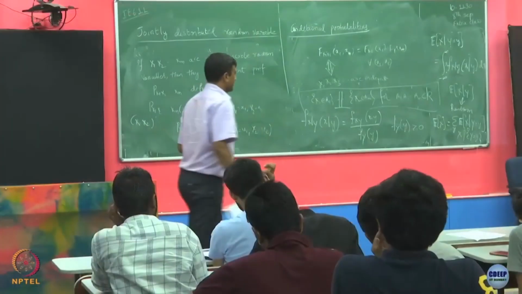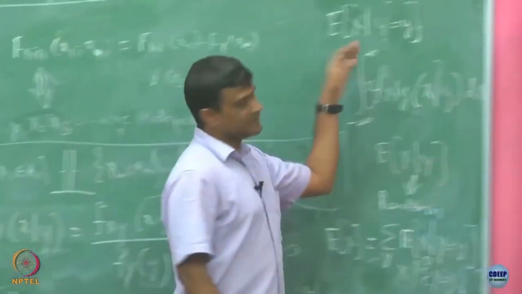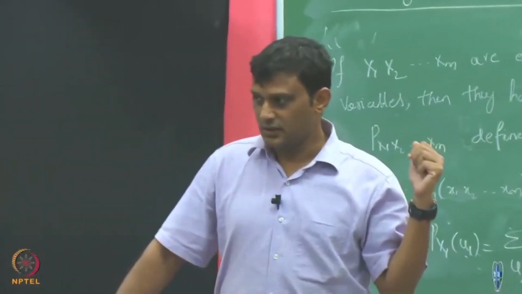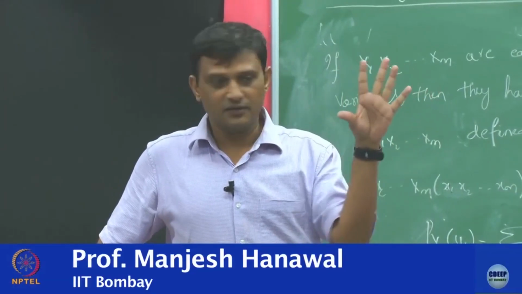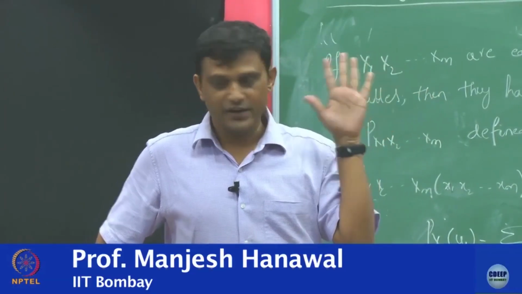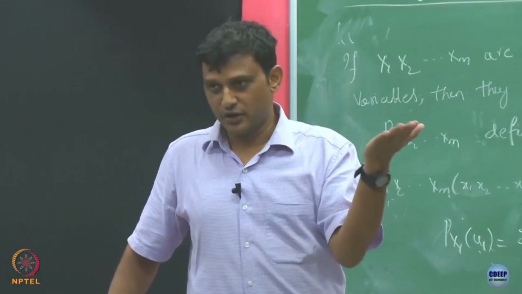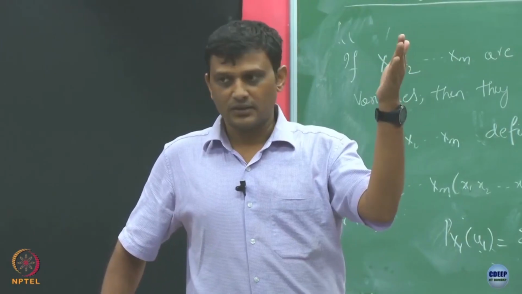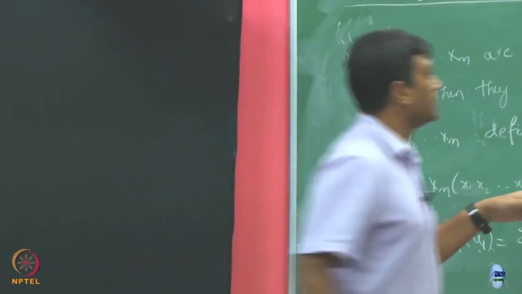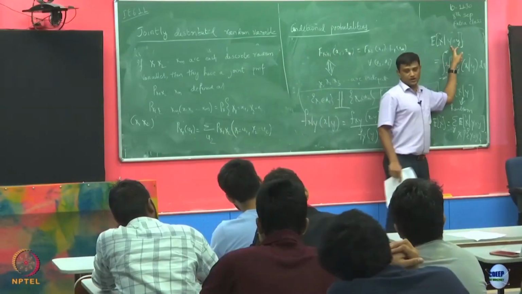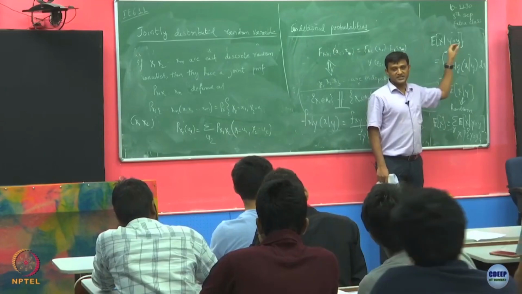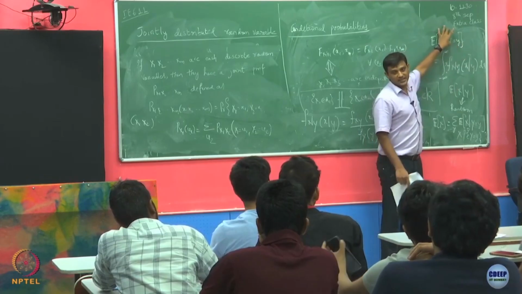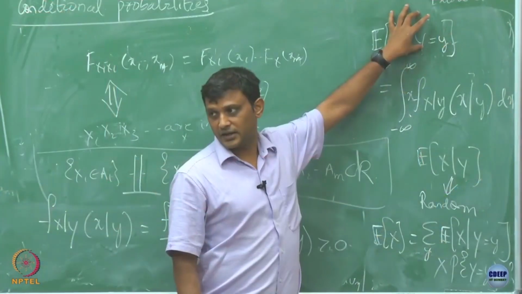Just to give an example for this, suppose you are going to take 5 exams and you a priori do not know which exam you are going to be given. So let us say y denotes which exam you will be given, and x denotes, given that exam, what your score is.